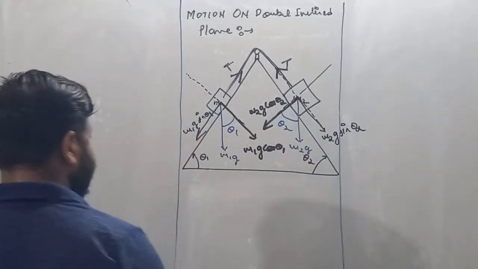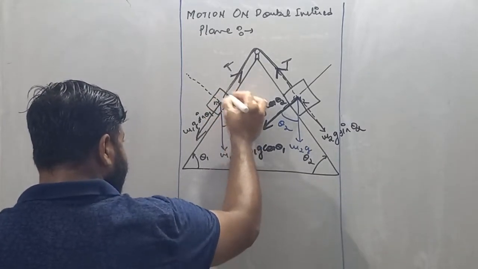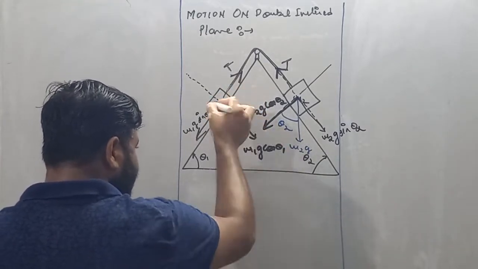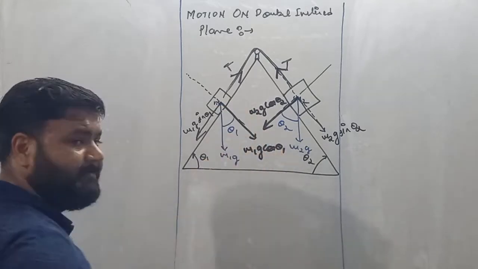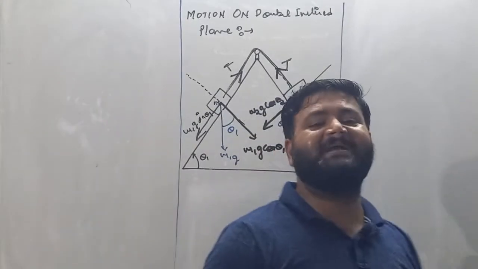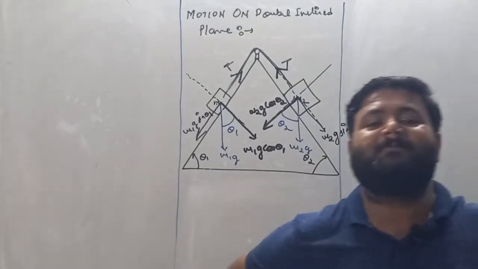So moving forward. Now see, this M1 applies a force m1g cos theta 1 on this inclined plane, and we know that for every action there is an equal and opposite reaction.